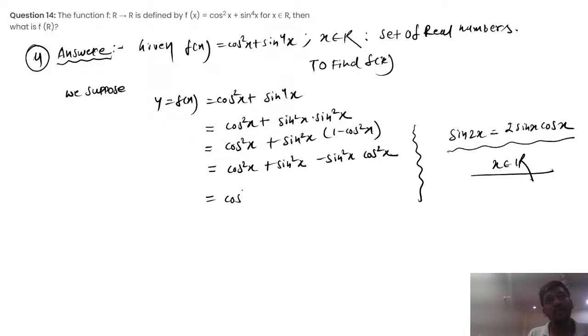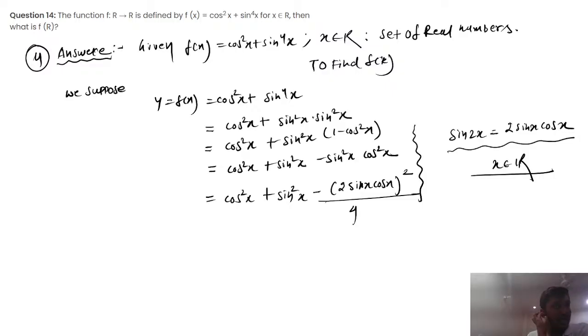Cos square x plus sin square x minus (2 sin x cos x) the whole square. Any doubt till here?